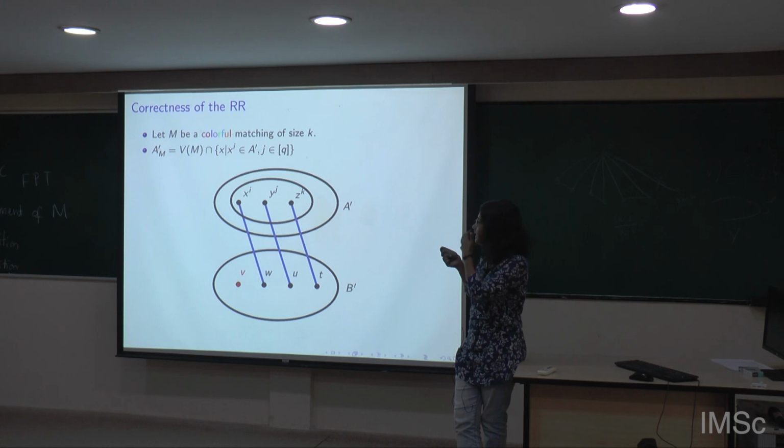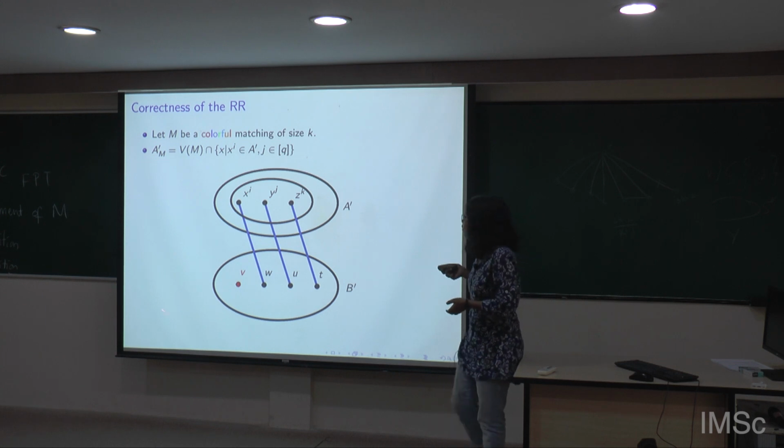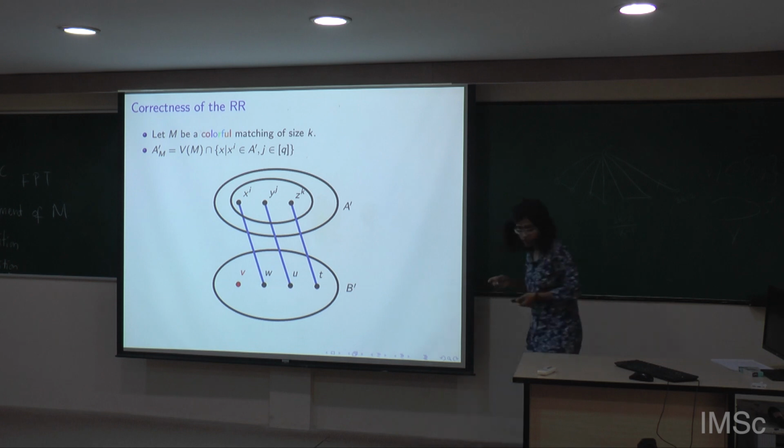So M is a colorful matching in the original graph, and I have to show that I can also find a colorful matching in the reduced graph. When is that a problem? It is a problem if this particular vertex v is part of the matching M, right? If this vertex is not part of matching M, then we are good. If it is part of matching M, then this is the main case, and I will describe how to find a colorful matching here. So if v is, again I'll use the board.